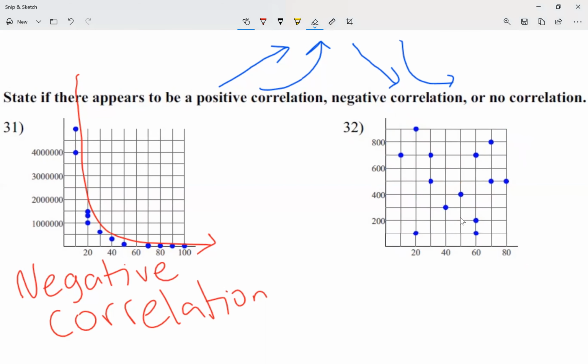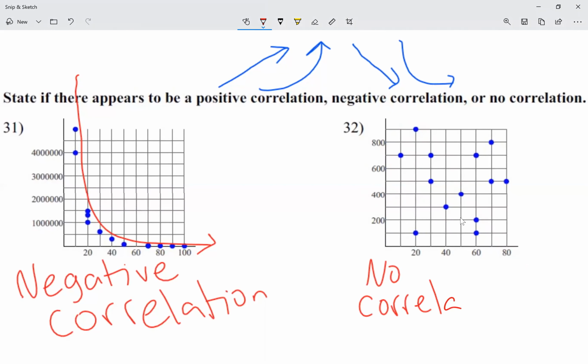Now, if I'm trying to draw a line that represents all of them, I cannot tell. I cannot tell if it's going down, if it's going up, like what is going on. So in this case, I call this no correlation. Now, this idea of correlation is going to be used a lot once we move into statistics. In our stats class, they look at this type of idea a lot.